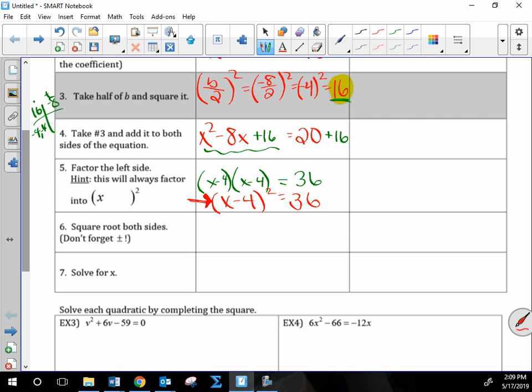What's really cool with this is when we complete the square, whatever we did up here after we've added in that (b over 2) quantity squared value, then this will always factor into x, is it minus b over 2, plus b over 2?